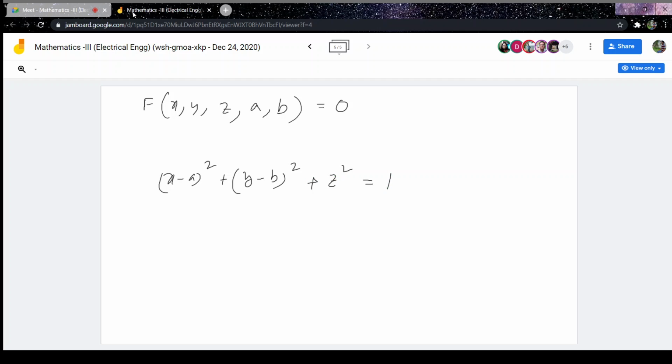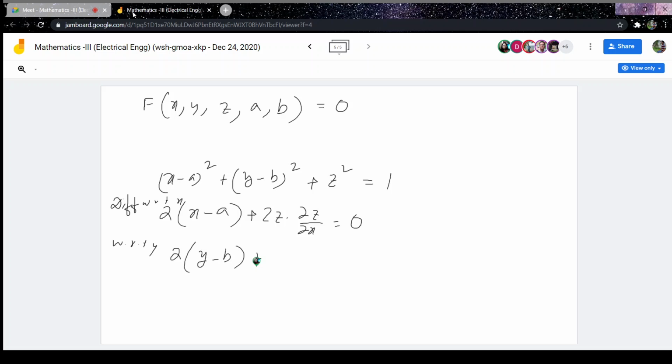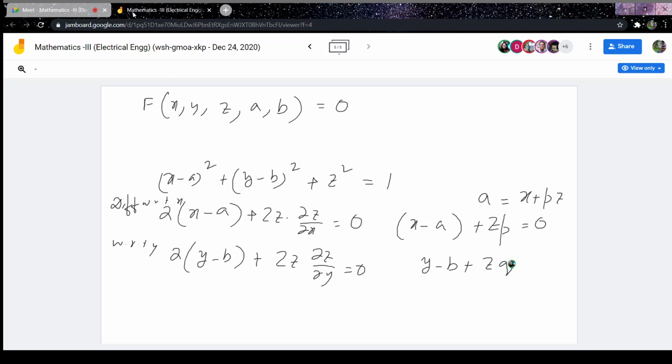So differentiating with respect to x, and again differentiating with respect to y, we will get 2z ∂z/∂y = 0, that is x − a + zp = 0, or a = x + pz, or I will get y − b + zq = 0.